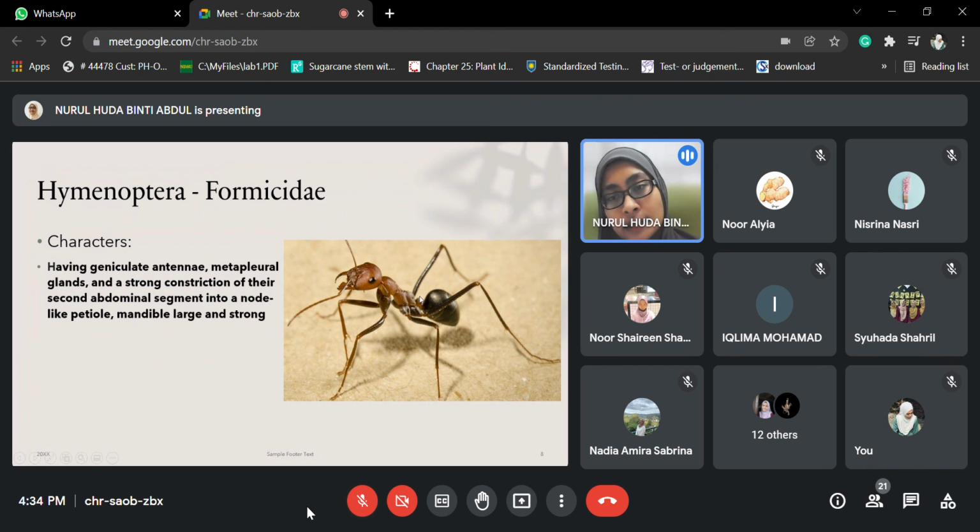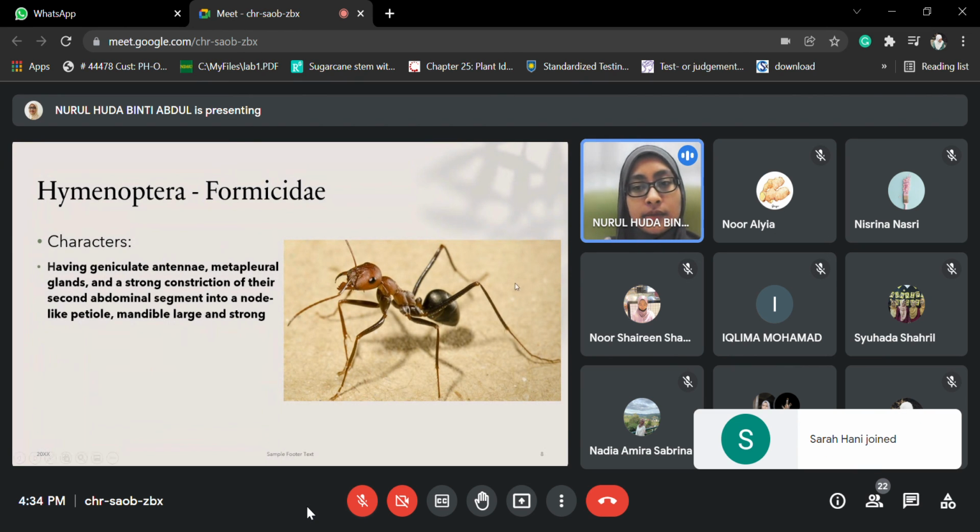This one has just one node, but there are species where you can see two nodes before the very large abdomen. The nodes are actually part of the abdomen as well. It is not the thorax. It is already the abdomen, but constricted like a petiole. So this is what the characteristic means.